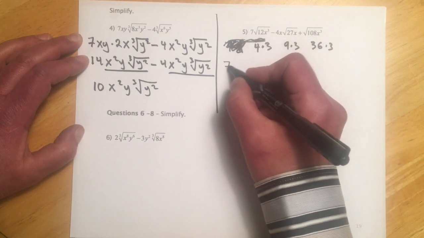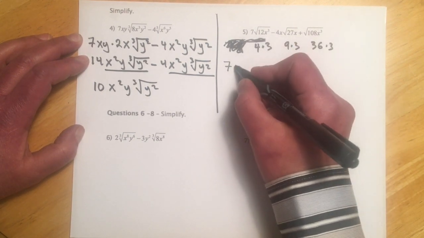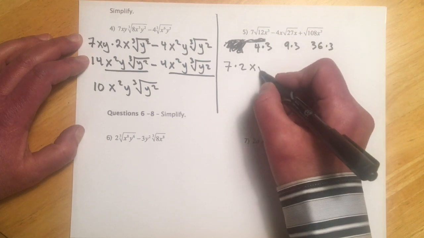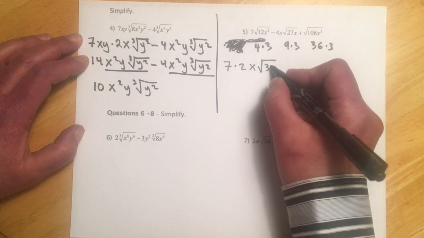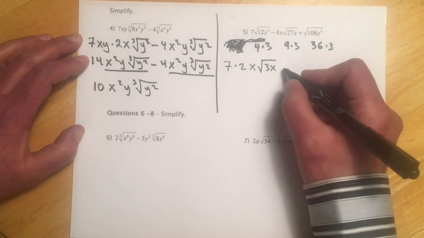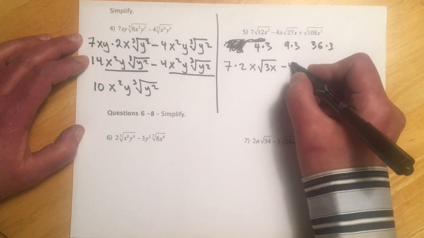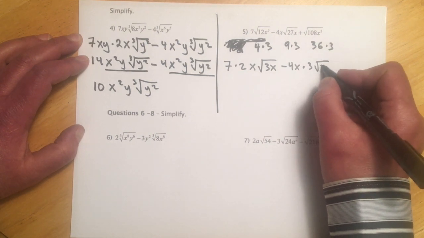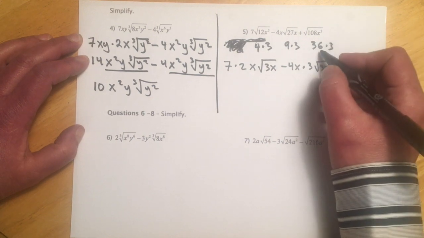So now I'll bring down my 7, and then square root 4 is going to bring out a 2, and then I got an x cubed in there, so 1x is going to come out, and then I'm going to have a 3x left on the inside. And then here I get minus 4x times 3, and a 3x on the inside.